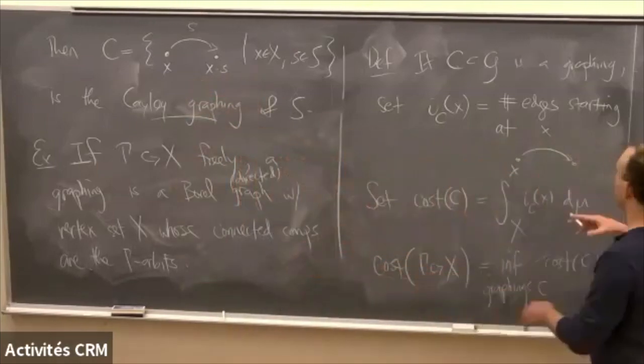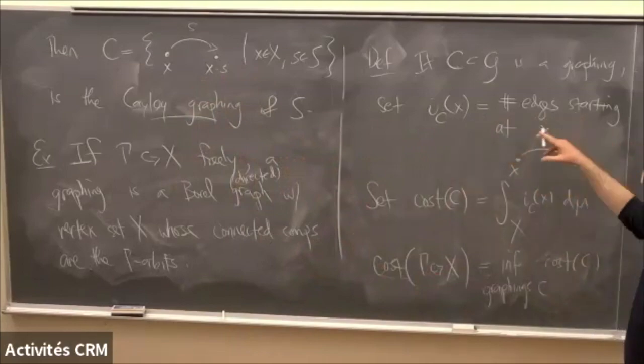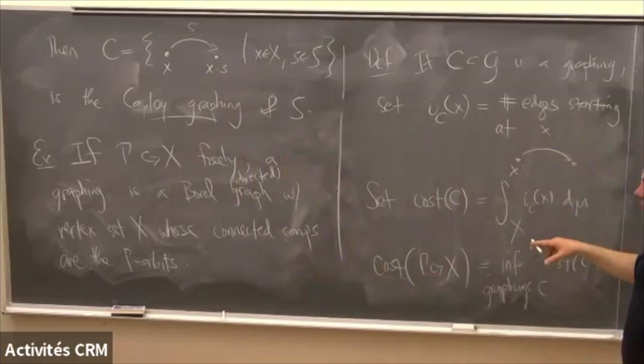Track through the cost, and you see the number of edges coming out of anything is exactly the number of generators that you're using. So this I_C is exactly the rank, and then you're integrating that over a probability space. You get a different Cayley graphing for different x's, but regardless of whether you land at the same point or not, you have that many labeled edges coming out.